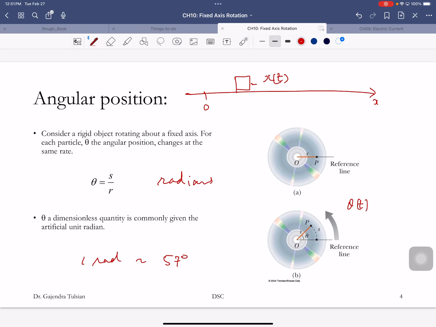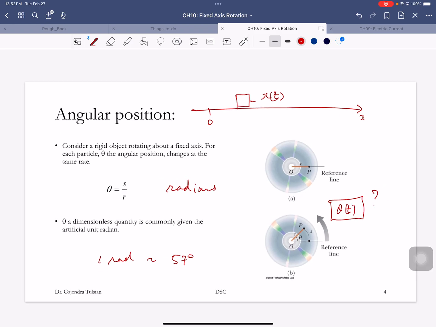Giving theta as a function of time. Once you have theta as a function of time, you can calculate anything you want: angular velocity, angular acceleration, and all that kind of stuff. So this is what we are looking for. You guys understanding this?